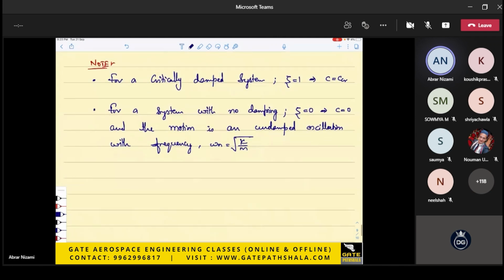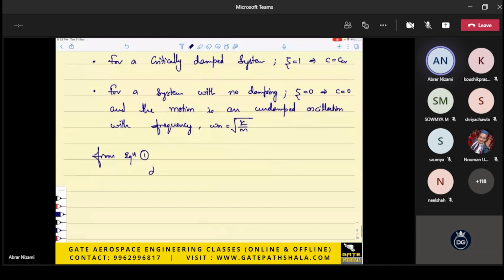From equation 1, what is our equation 1? d square x by dt square plus c by m into dx by dt plus k by m into x equals f of t.